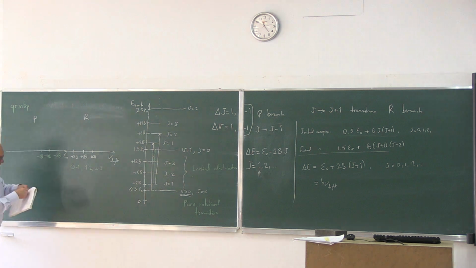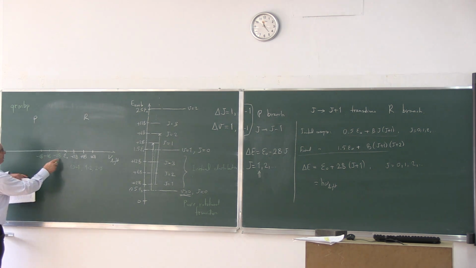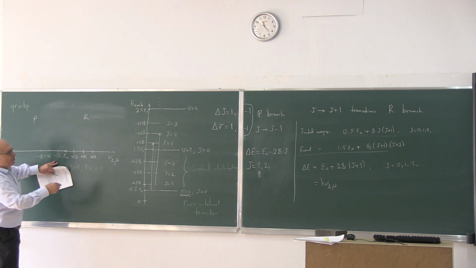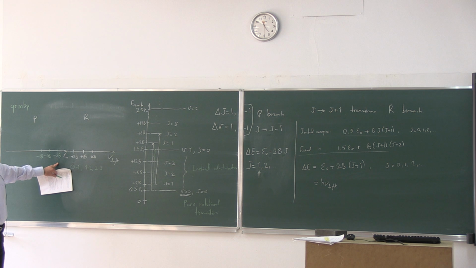Let us now look at which transitions these are. The first one. Initial J is 1. Final J must be, we are talking about J to J minus 1. If initial J is 1, what is J minus 1? 0.